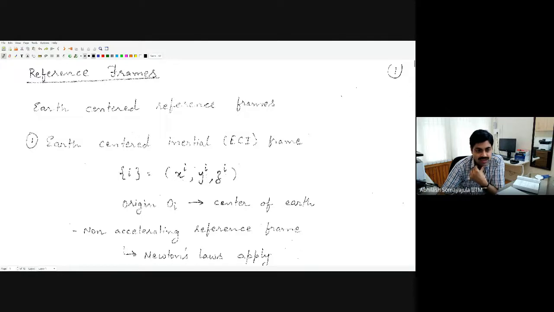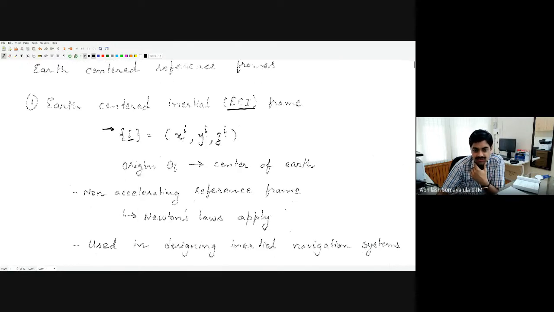Okay. So the first reference frame, we'll call it the Earth-centered inertial frame. That's where you get the name ECI, Earth-centered inertial frame. And we'll denote this frame by curly brackets with I inside. This is an inertial frame, as you understand, which means that it is a non-accelerating frame of reference, and this means that Newton's laws apply in this particular frame of reference.